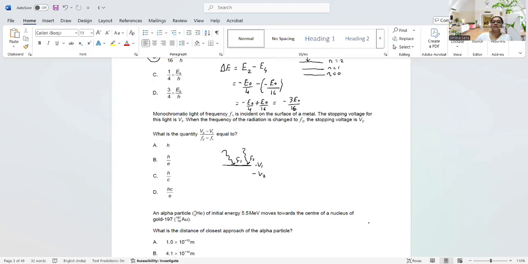If we look at the photoelectric equation, you have the input energy, which is h nu, divided into two parts, which is work function plus the maximum kinetic energy. Input energy is h into nu 1, and we know work function is nothing but the energy associated with threshold frequency.